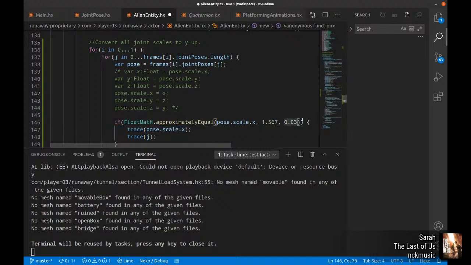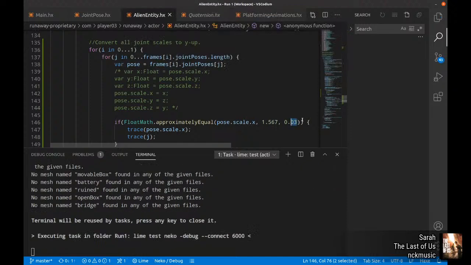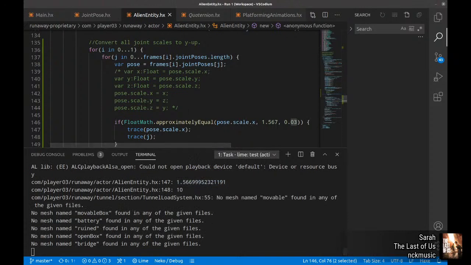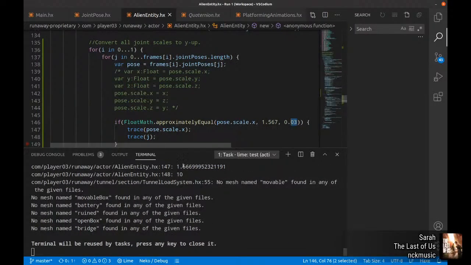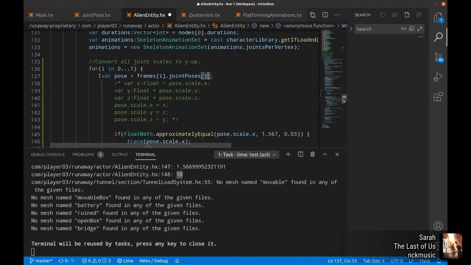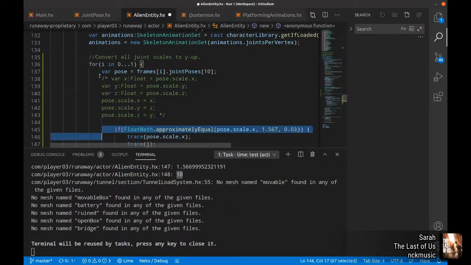Okay, it was a bug in my code. Okay, it's number 10, and it's not exact. But number 10 is the main thing I want to know.